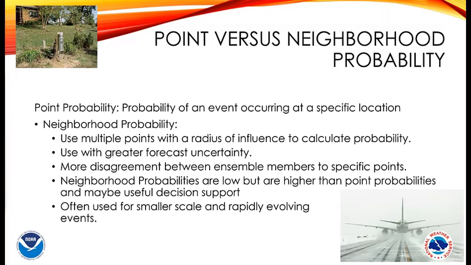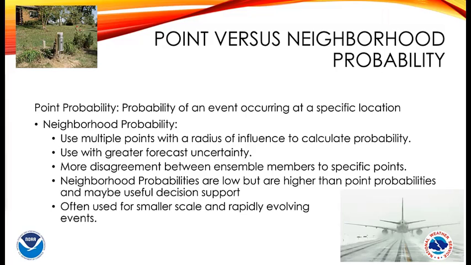Just remember, probability of an event occurring at a specific location is a point probability, which everybody should know. We deal with that all the time in our guidance. Neighborhood probability uses multiple points with a radius of influence to calculate a probability. It's used with greater forecast uncertainty.